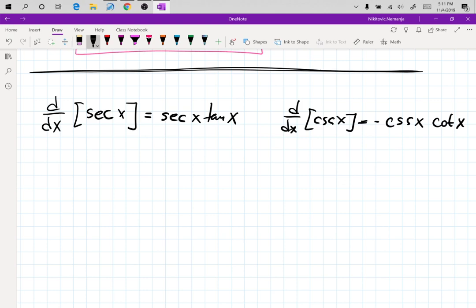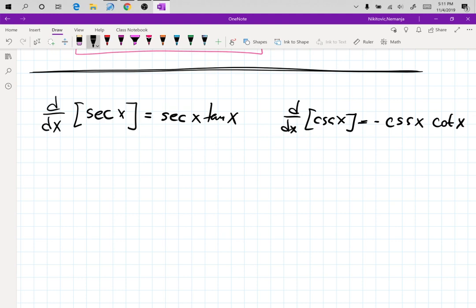As you can see, you have a secant, secant, tangent, cosecant, cosecant, cotangent. And all of the ones that are co, right? Cosine, cosecant, and cotangent, all of those will be negative in their derivative. And then sine, tangent, and secant are all positive. There's a lot of symmetry when you put all those 6 formulas one next to the other.